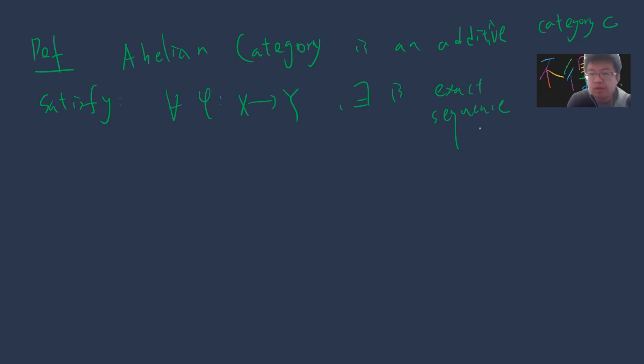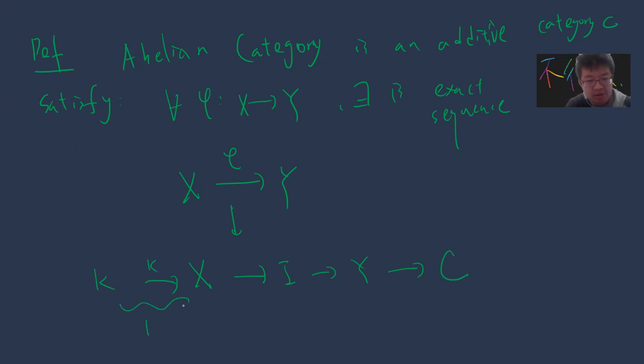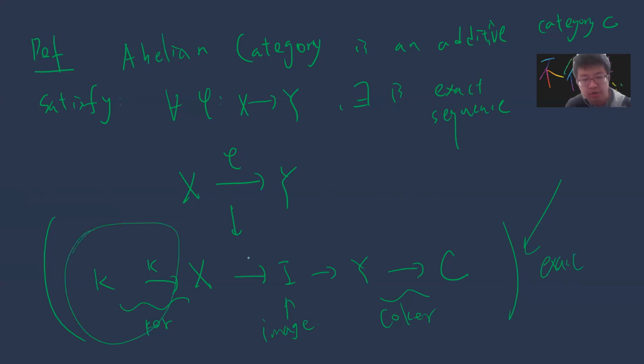The problem is that I haven't defined an exact sequence in the category, so I need to tell you the definition. So given X, Y, phi, you can break it into X to I to Y to C, and K. This is a kernel, this is an image, and this is a co-kernel. Basically, given any phi, you should find a kernel, some image and some co-kernel such that.